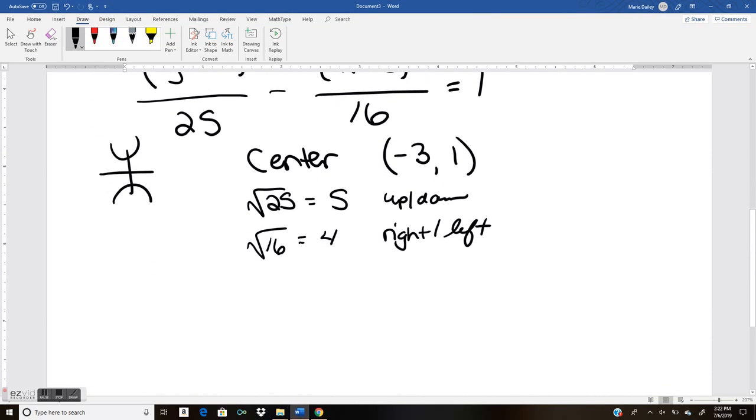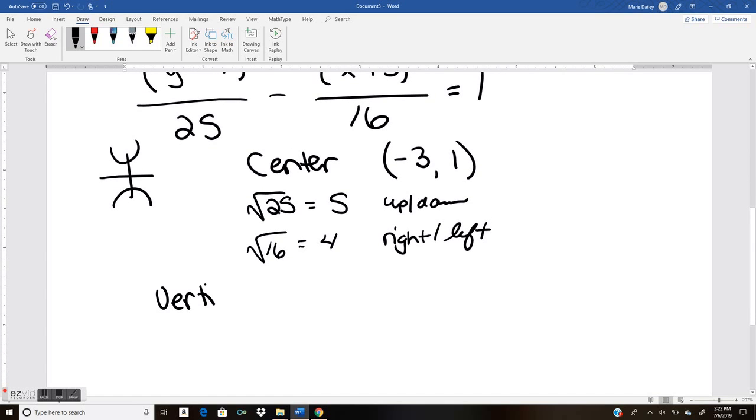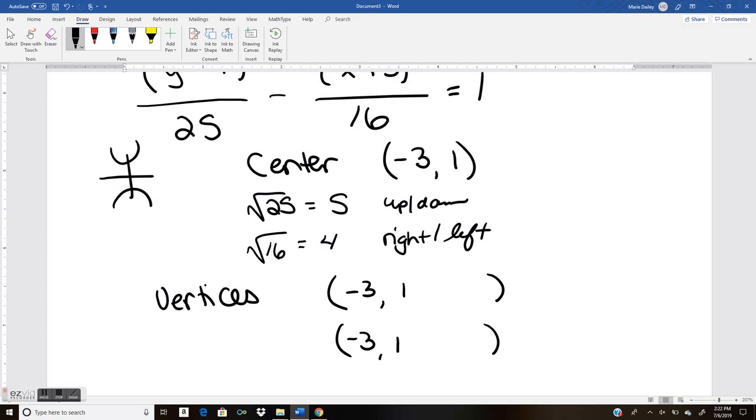All right, so let's go ahead. Let's come up with our vertices. As we said, the vertices are going to have the same x value as our center, so those are going to be -3. Now, we're building from the center, so they're going to start at 1.